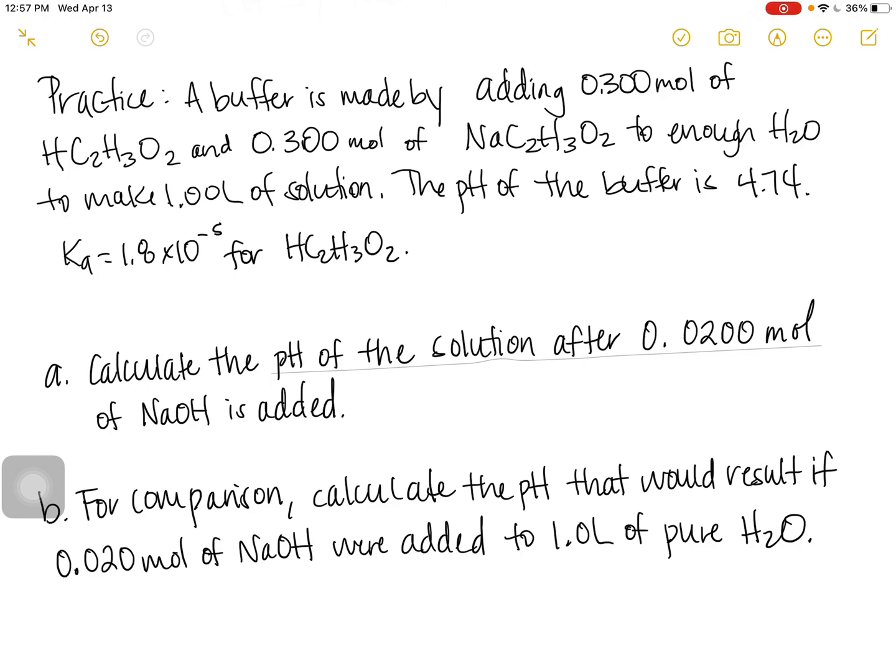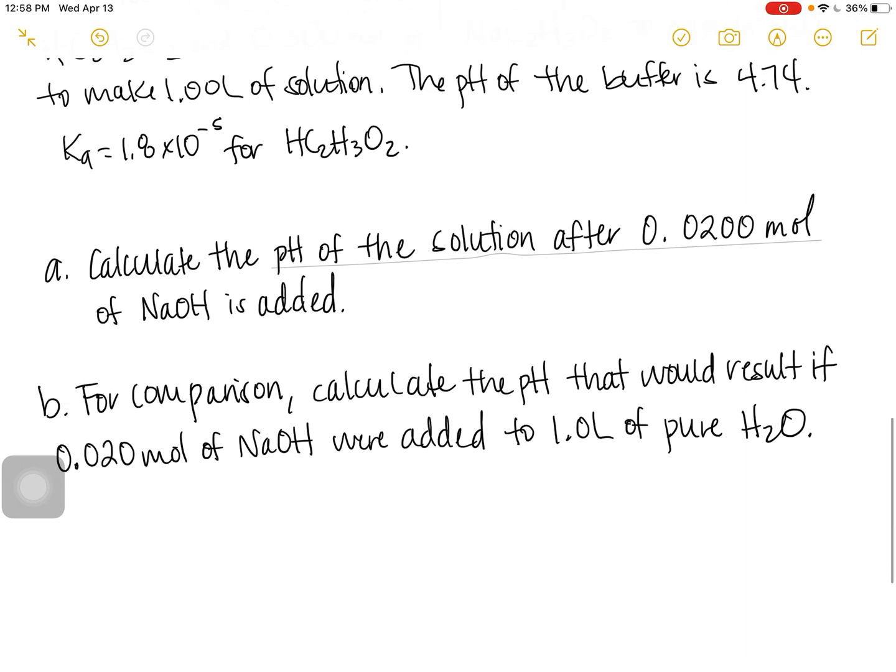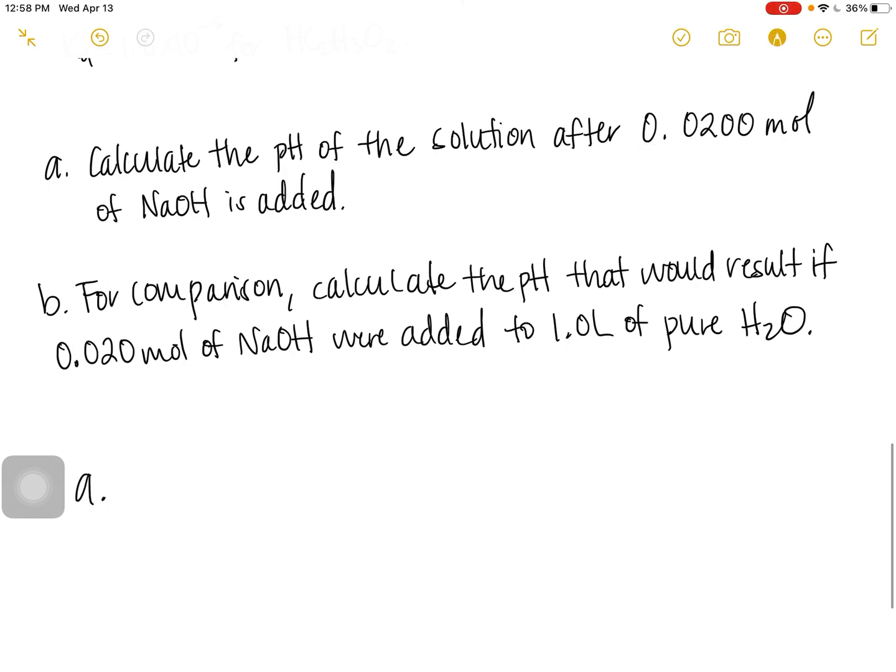The pH of this buffer is 4.74, and I have looked up that Ka for acetic acid is 1.8 times 10 to the negative 5. A, calculate the pH of the solution after we add 0.02 moles of sodium hydroxide, which of course is a strong base. And then B, for comparison, calculate the pH that would result if you added that same 0.02 moles of sodium hydroxide to a liter of water.